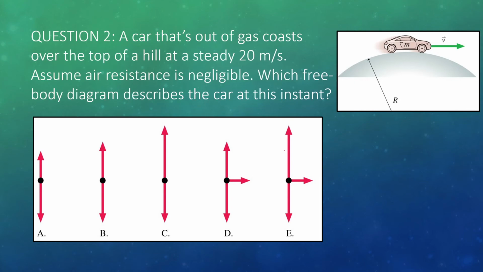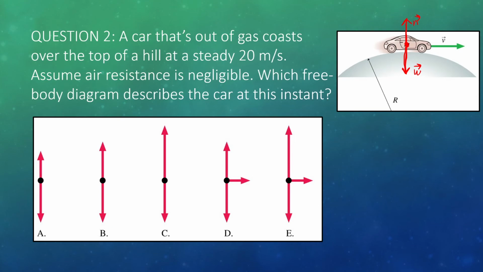Okay. This is somewhat similar to the one we just looked at. We know that the vehicle is going to have, gosh, I can't draw arrows today, a weight pulling it down, and it's on a surface, so there should be a normal force pointing upward. We're ignoring friction and we're ignoring air resistance.